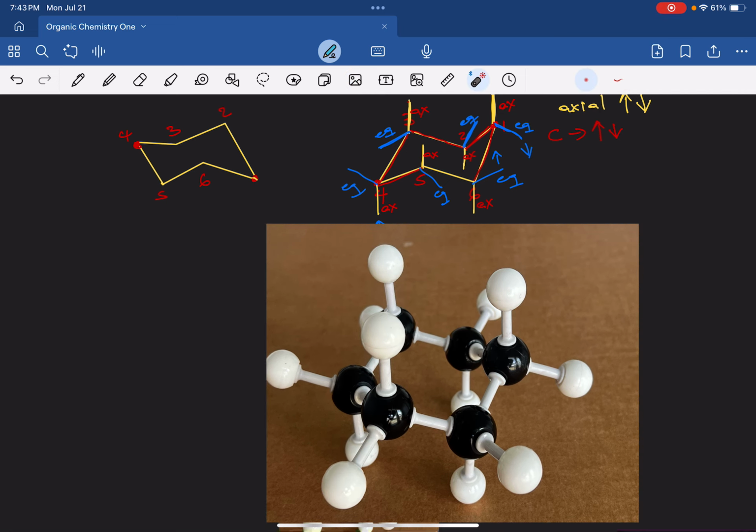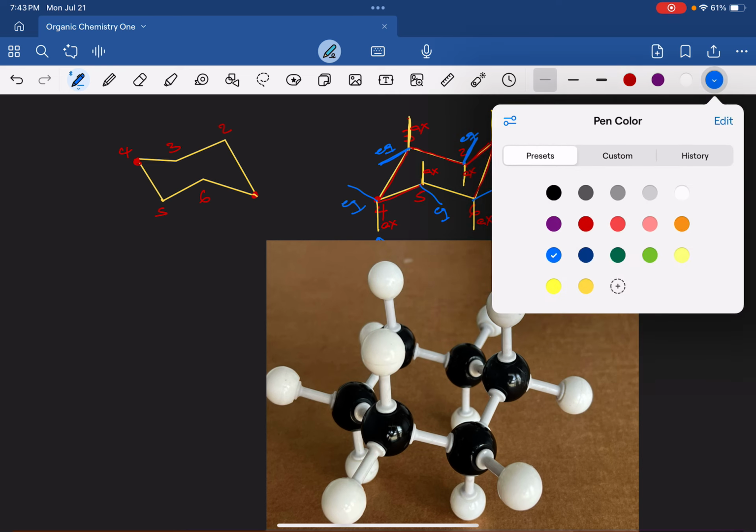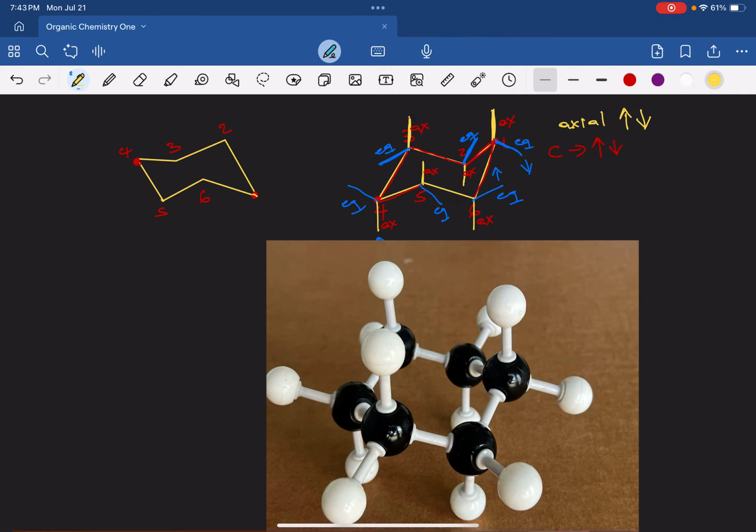So this is my 2D, and this right here is my ball and stick. So let us identify some things, all right? So first, let us find carbon number 1 on my ball and stick. This is carbon 1 on your ball and stick.